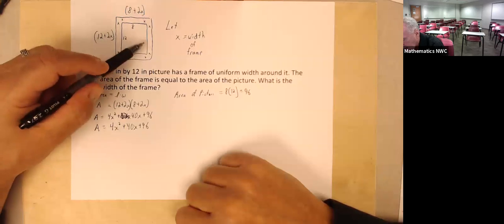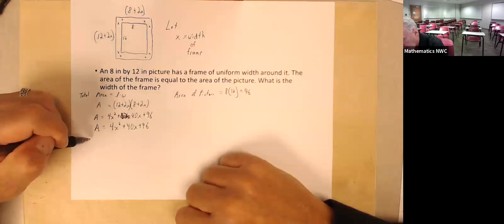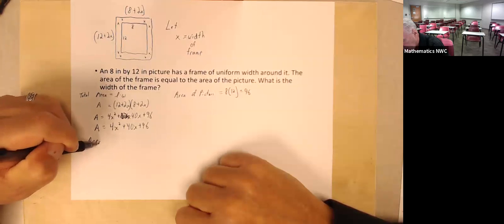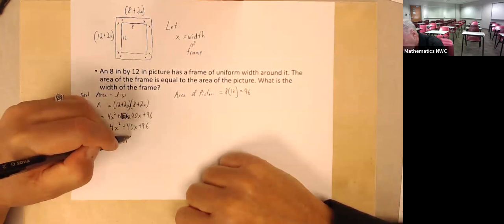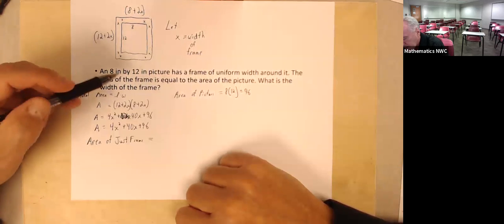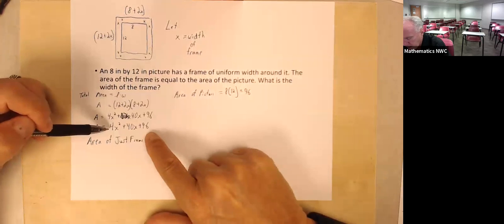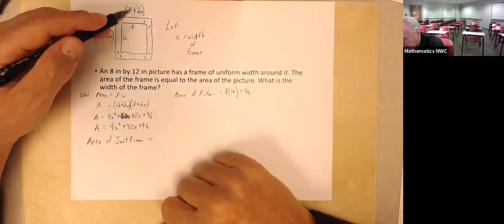But now if I want just the frame, so I'm going to put down here area of just the frame. That's going to be the total area, which is this. That would be solid, minus the picture part.